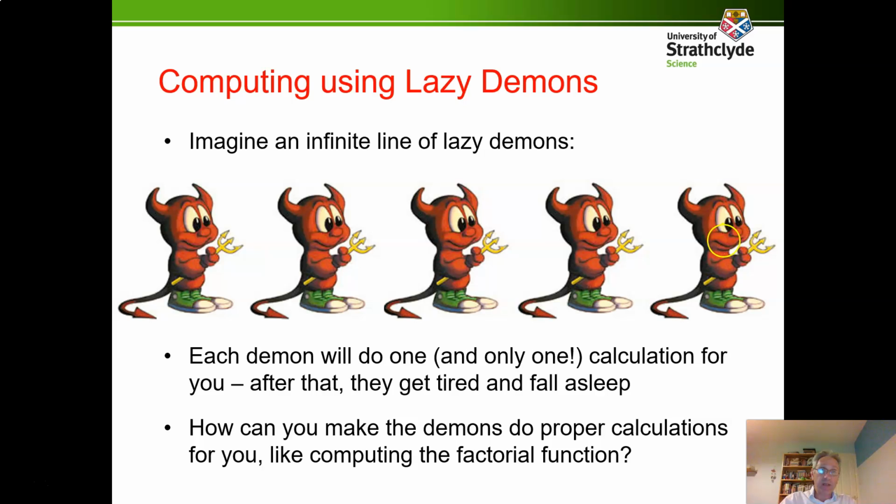In other words, the empty list has length 0. So 0 gets passed back from this guy to him. He adds 1 to it, so that's 1. He adds 1 to that, 2. He adds 1 to that, 3. He adds 1 to it, 4. And that's what then gets returned.